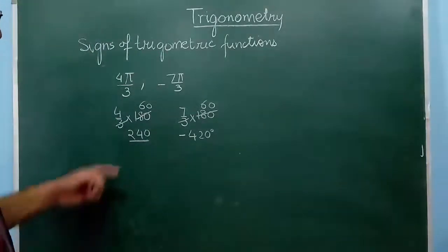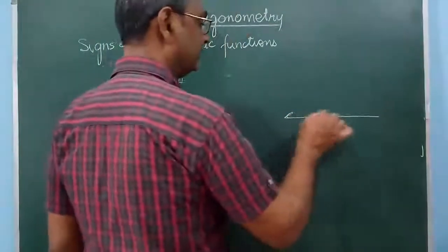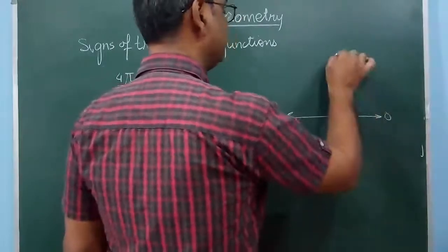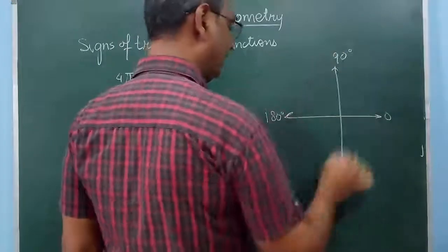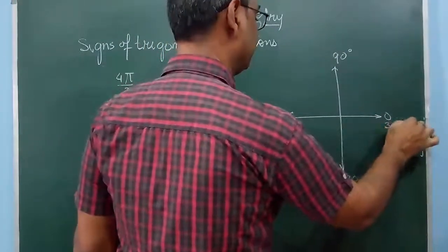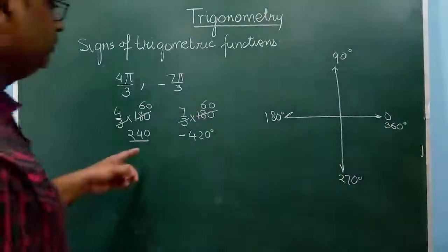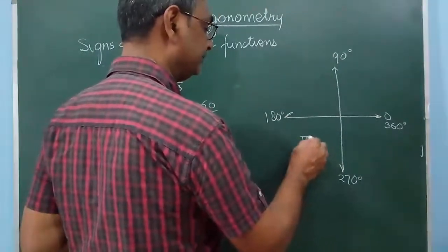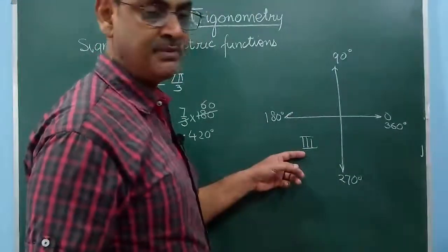Now which quadrant is it? Again we will mark 0, 90, 180 and 270, and here again 360. Now 240 comes in which one? In the third quadrant. In the third quadrant, which trigonometric functions are positive?